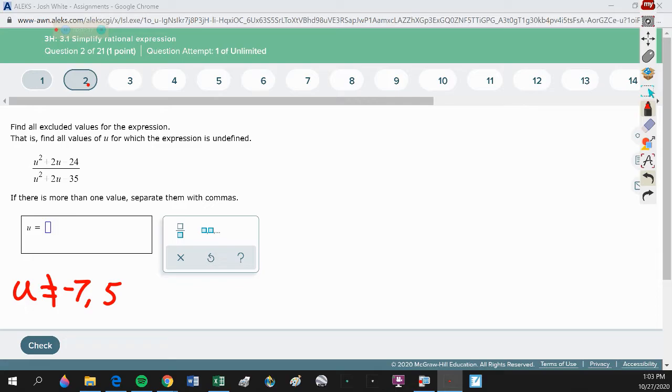Okay, but this question says, just like the last one, find the values for which the expression is undefined, which is why there's an equal sign right there. The expression is undefined at negative 7 and at 5. Which means those are the numbers I'm not allowed to plug in. Because I get infinity, and I don't know whether it's positive infinity or negative infinity, and I don't know how to graph it.